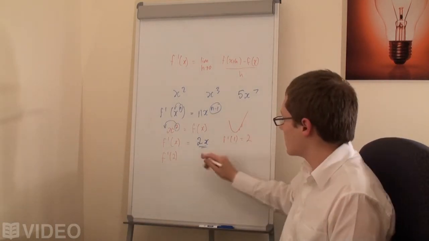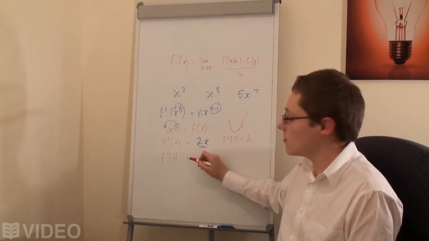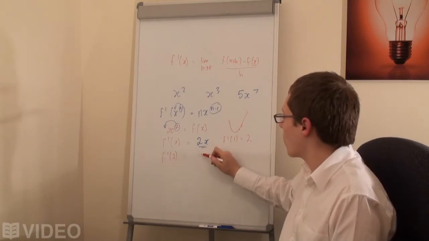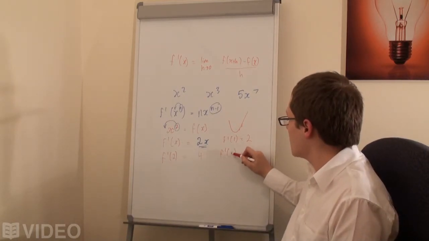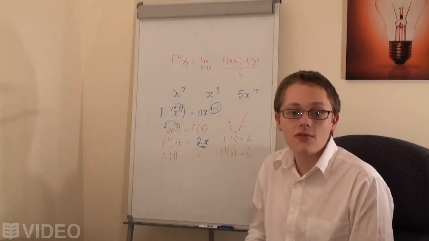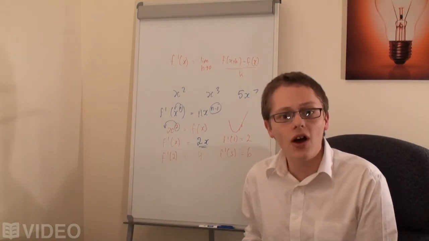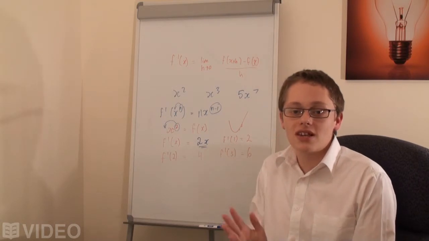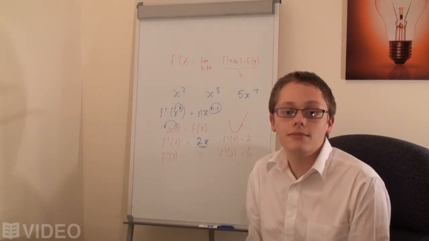But if we were to look at the f prime of 2, that would be 2 times 2, which is 4. And the f prime of 3 would be 2 times 3, which is 6. So the slope gets faster and faster. And you know from a parabola that that's true. The slope does get steeper and steeper.